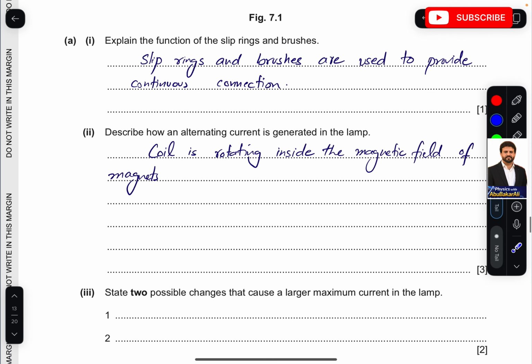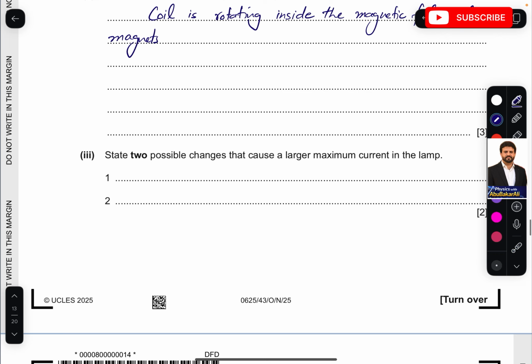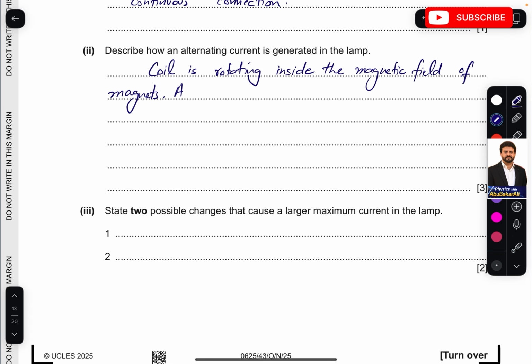So when it rotates here, the number of field lines cutting through it will change. So as the coil rotates, the magnetic field lines cutting through the coil will change.